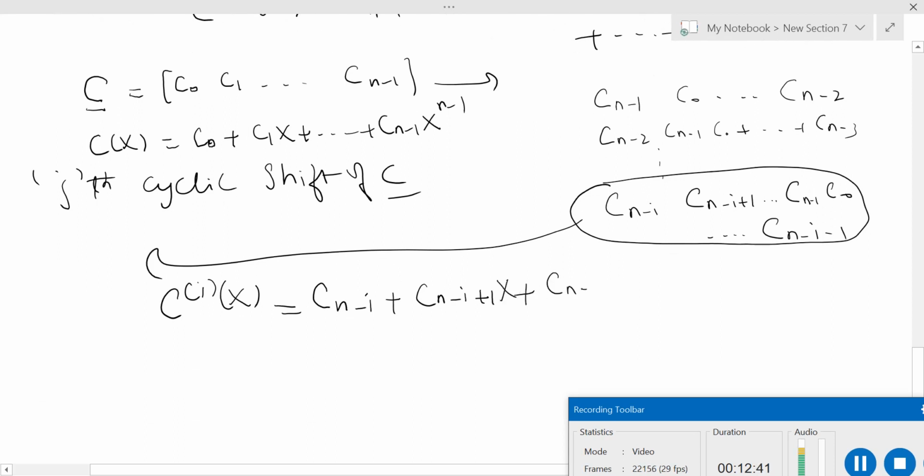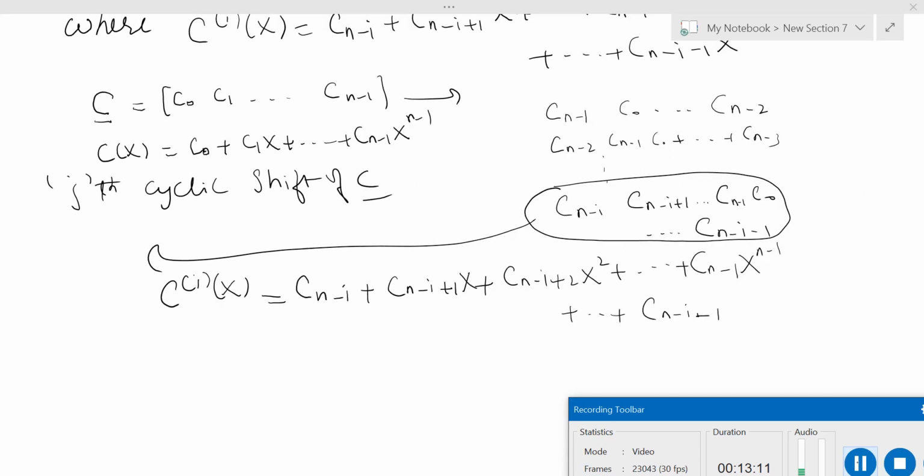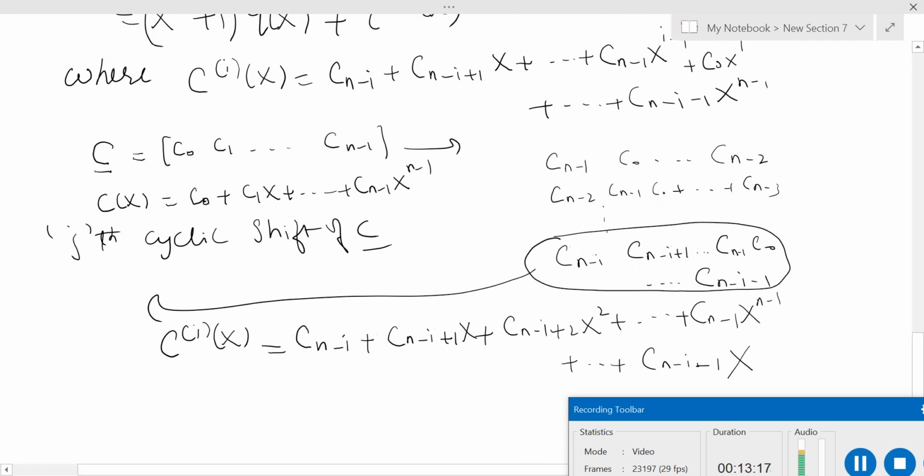X plus c of n minus i plus 2 x squared, dot dot dot, plus c of n minus 1 x to the power n minus 1, right, plus, and then finally c of n minus i minus 1 x to the power i minus 1.